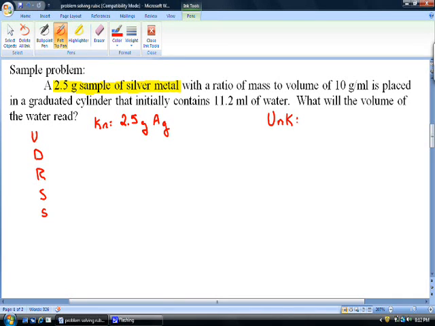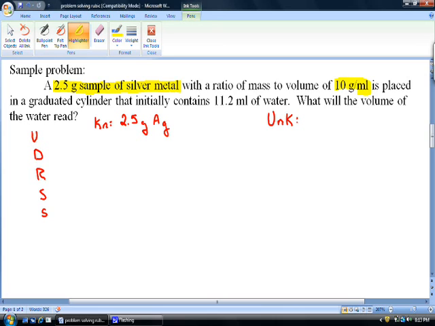Let's see if there's anything else we know in this problem. 2.5 grams of silver with a ratio of mass to volume of 10 grams per milliliter is placed in a graduated cylinder that initially contains 11.2 milliliters of water. What will the volume of the water read? Well, there are some other things here we know.